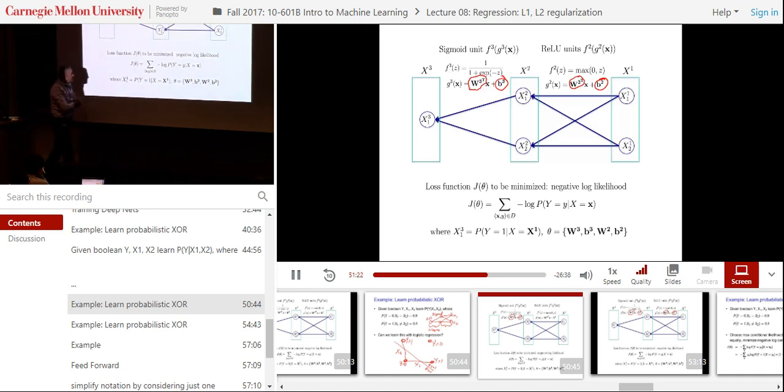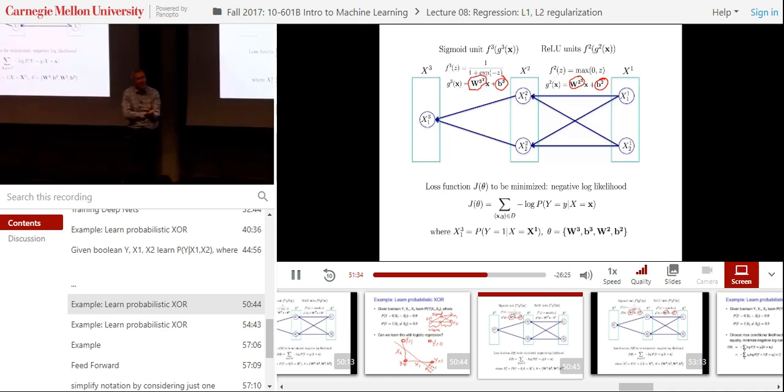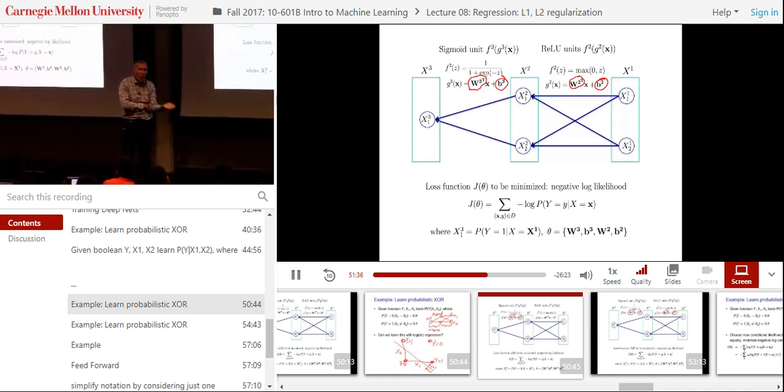Okay, so now to get started, we want to come up with our loss function. And I want to just train it to do the same thing logistic regression would do. That is, I want to maximize the conditional likelihood of the y's in my training set given the corresponding x's that are in the training set. Same thing we did in logistic regression.